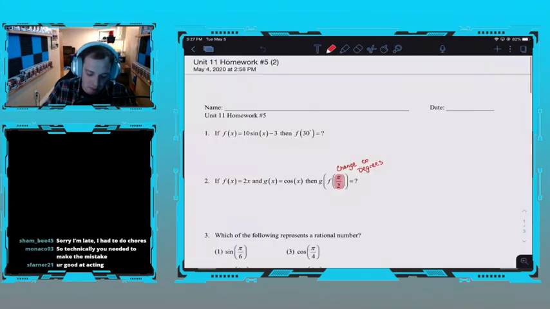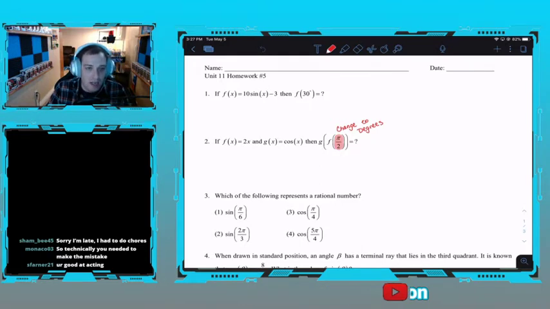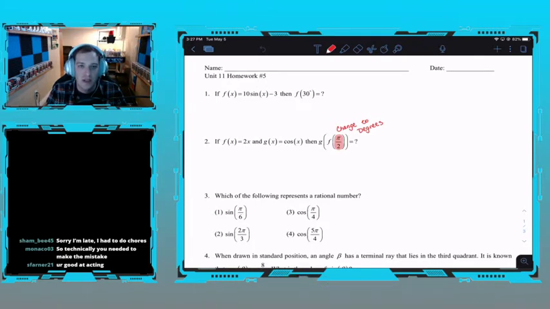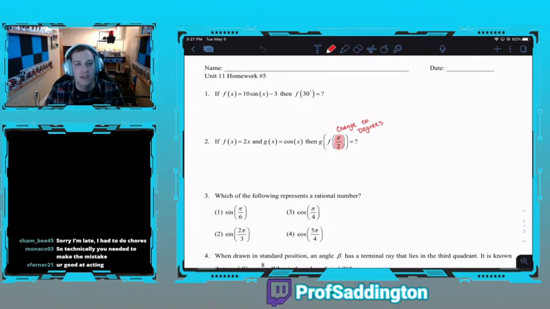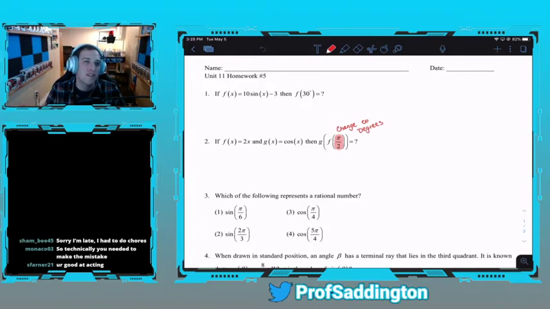So I'll pull it up again. Like in number 2, you guys will be able to check that with your calculator because it is in radians. I still suggest putting it into degrees first because it'll be easier to solve that way. But it's just an option out there for you.